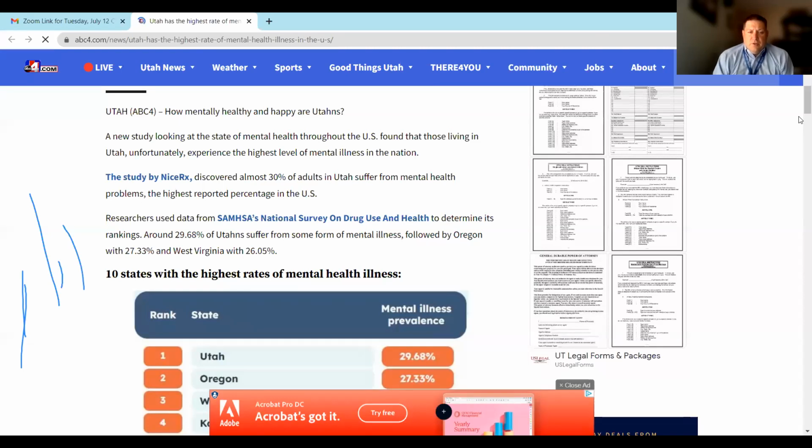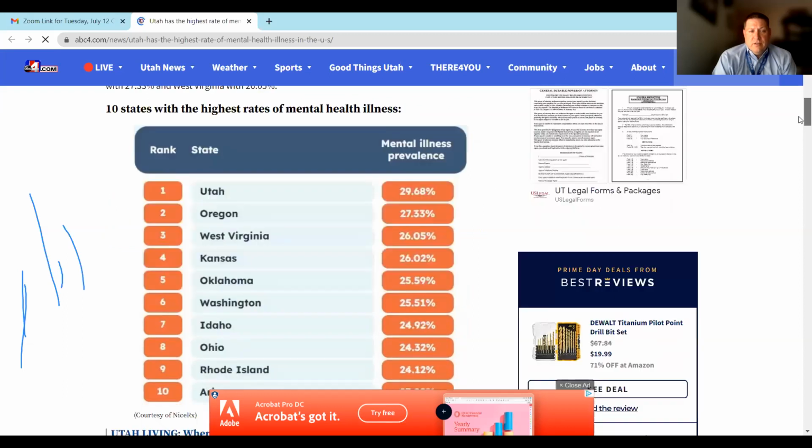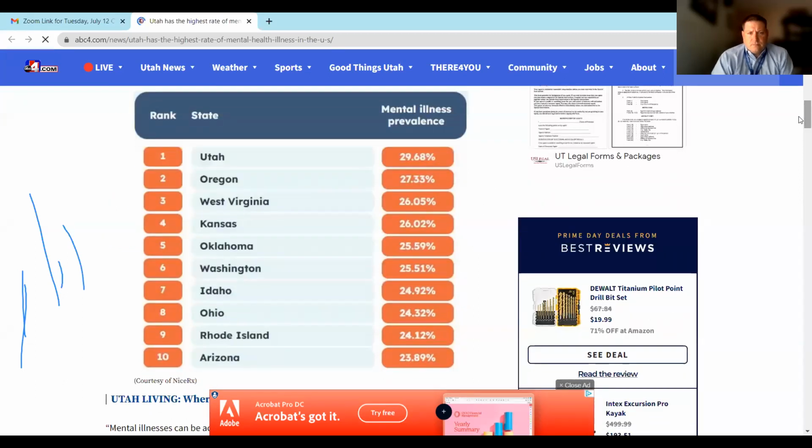The research used was from SAMHSA's National Survey on Drug Use and Health, and around 29.68% suffer from some form of mental illness, followed by Oregon and West Virginia. So here are your top 10.